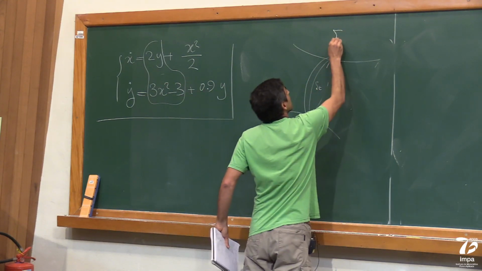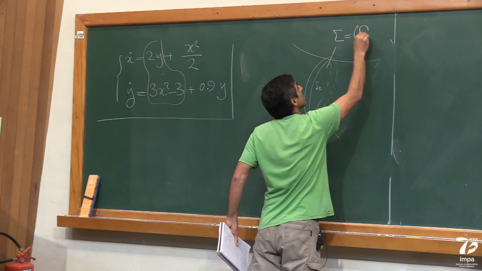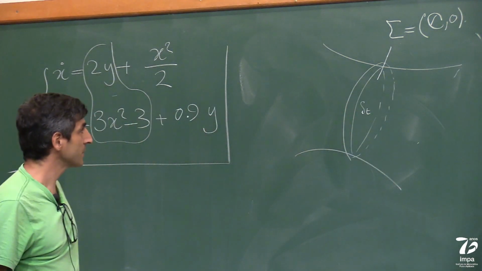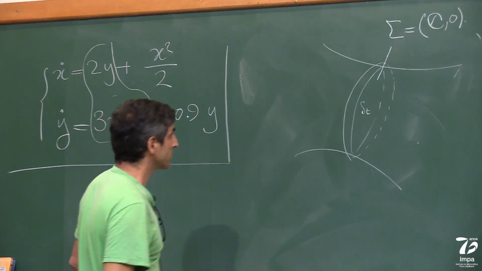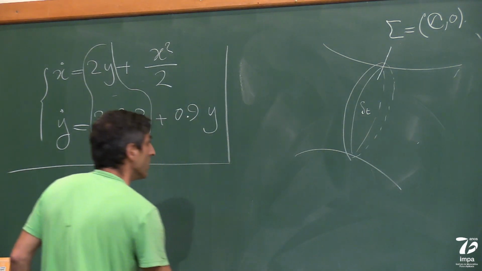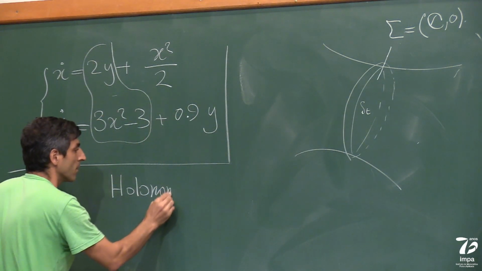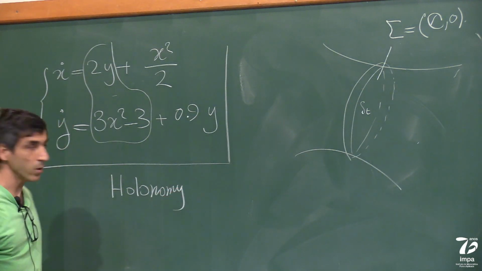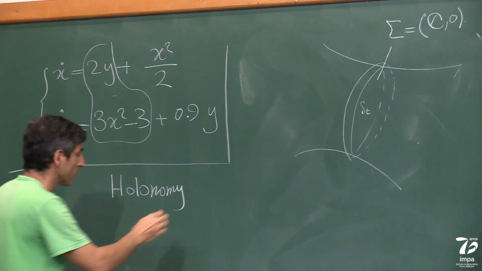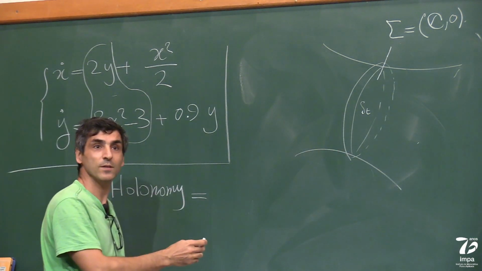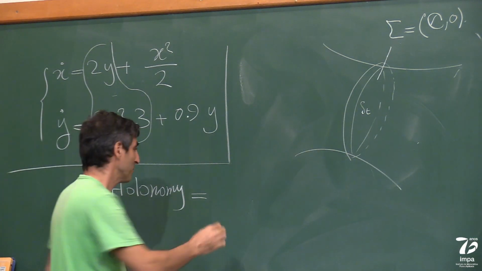So this will be a neighborhood of the complex number inside C. And so let's make the holonomy map. So the holonomy, if you have not done a course of holomorphic foliation, is the old name for this one. Somebody knows? Poincaré.